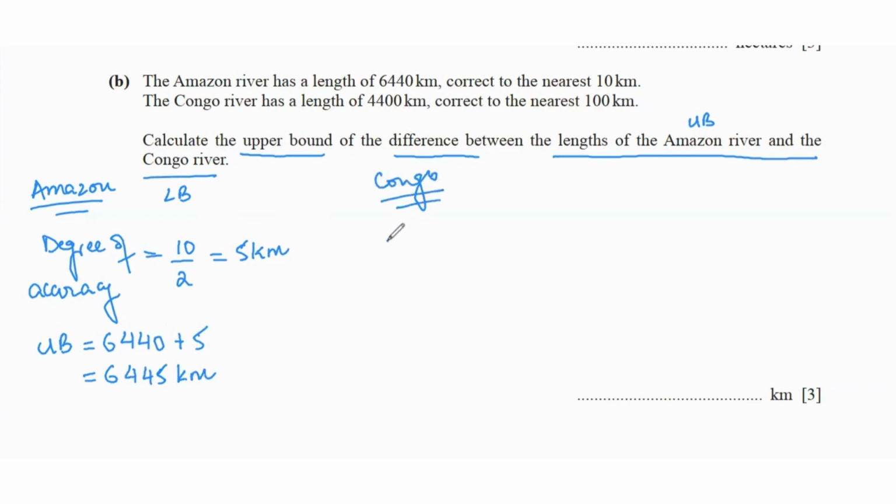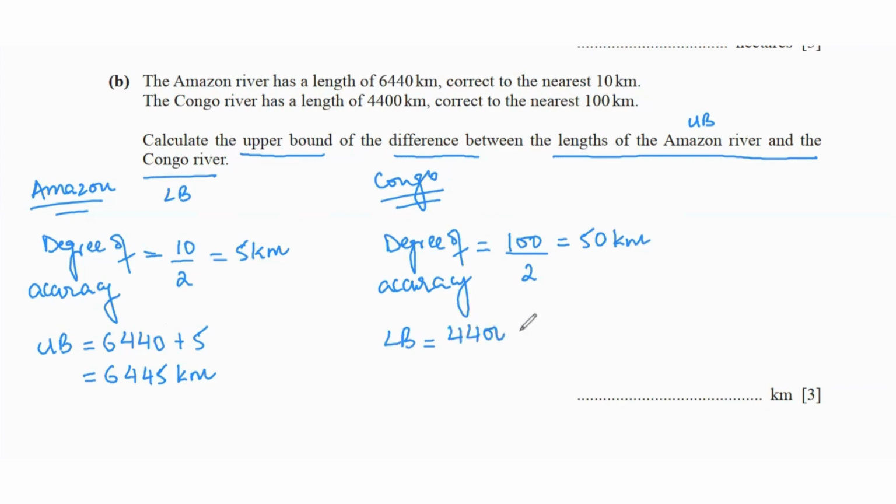Then for Congo, we need to find the lower bound. For that, the degree of accuracy now is going to be 100 divided by 2, which is 50 kilometers. So lower bound would be 4,400 minus 50, which is going to give us 4,350 kilometers.